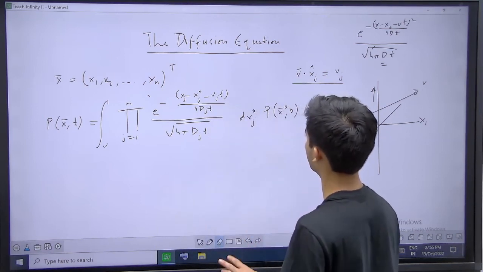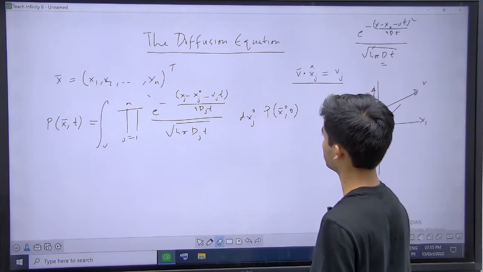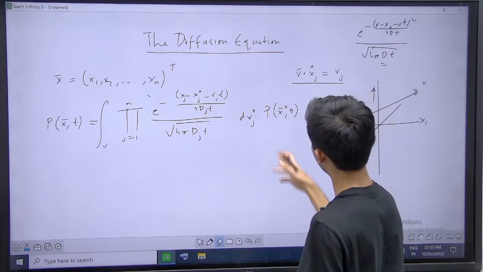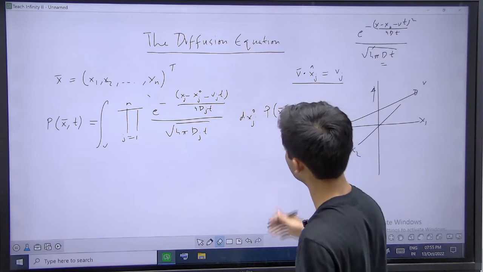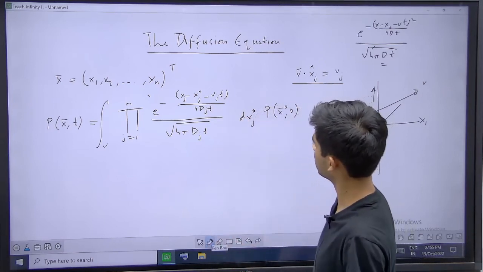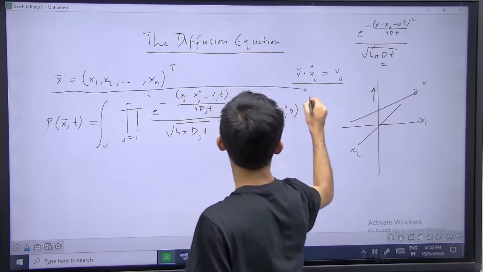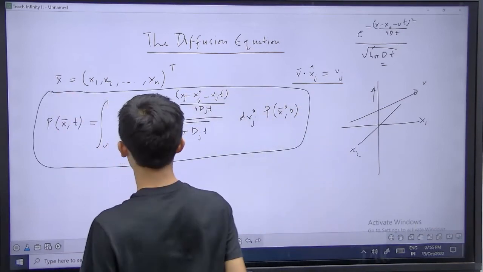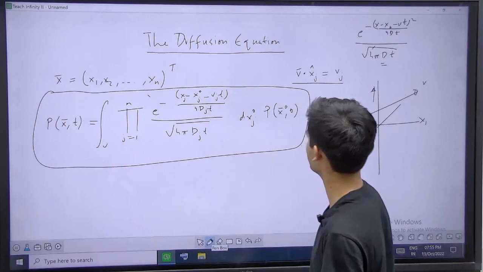That should be the appropriate form, x again, x naught with the superscript. So this is the general solution. This should be the solution for n dimensions.